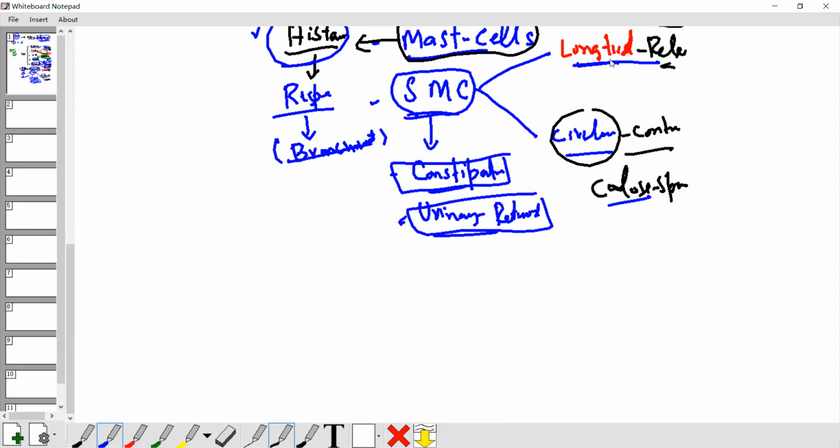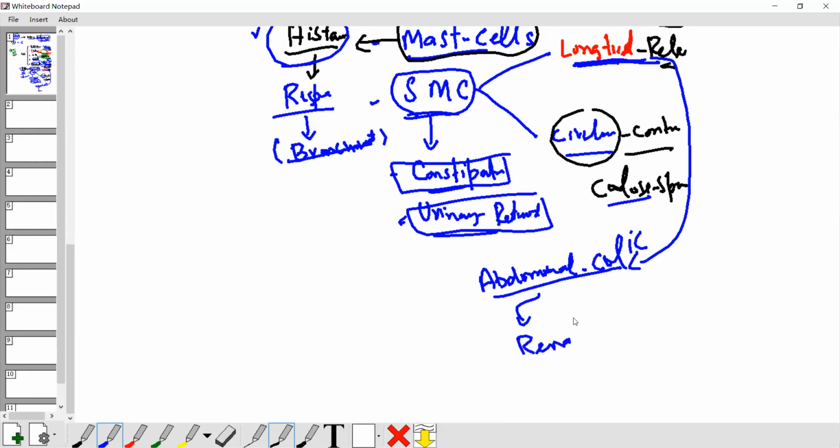So, because they relax the smooth muscle, if any patient comes to you with very severe abdominal pain, abdominal colic, this colicky abdominal pain, whether it is due to renal colic or due to the gallbladder, gallbladder colic in cholecystitis, then you can use these drugs to suppress this pain.